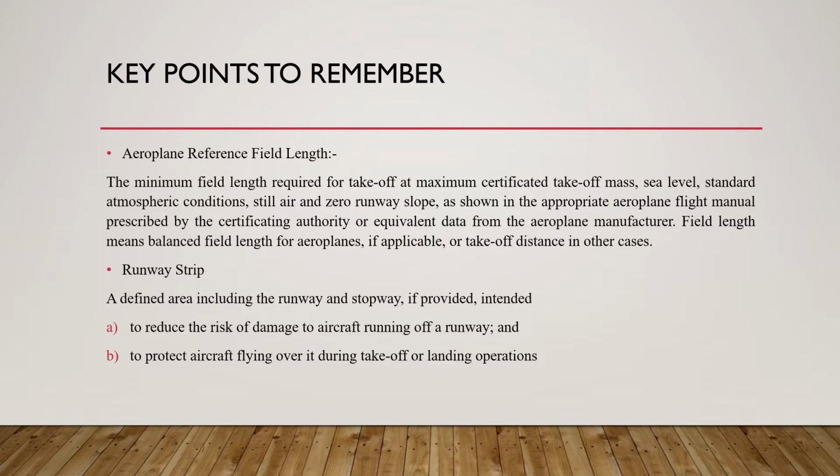This would be prescribed by the aeroplane manufacturer or the OEM of the aircraft, and approved by the certifying authority of the manufacturer's country. So the field length is the balanced field length for the aeroplanes if applicable, or the takeoff distance in other cases. That means the aeroplane reference field length gives you the takeoff length required.